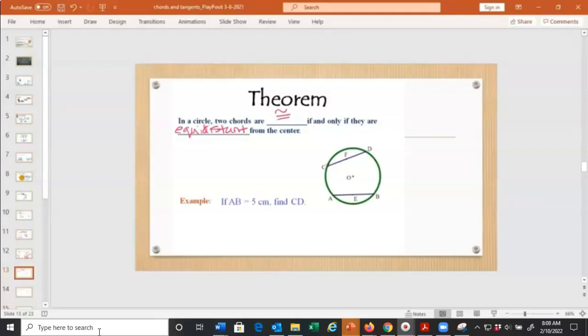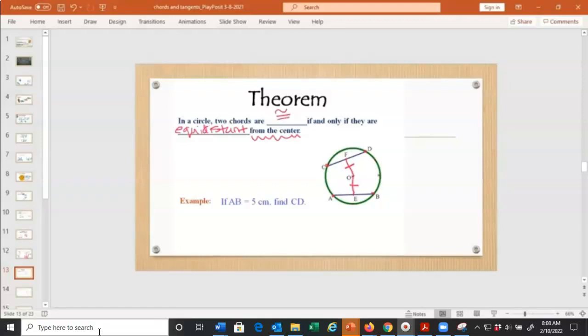Here are our two chords, C to D and A to B. And we're going to show they're equidistant basically by marking how far away they are from the center. So I drew some lines from the center and I put tick marks on them to show that they're equal, which means the chords are equal. If you think about it, that makes so much sense because we know a circle is a collection of points that are equidistant from the center to the edge.